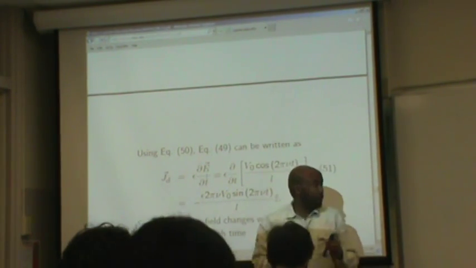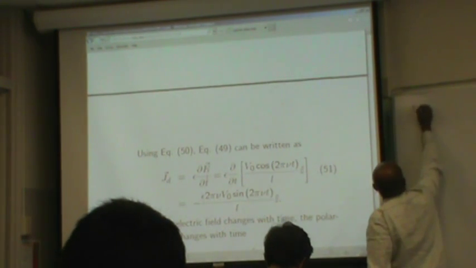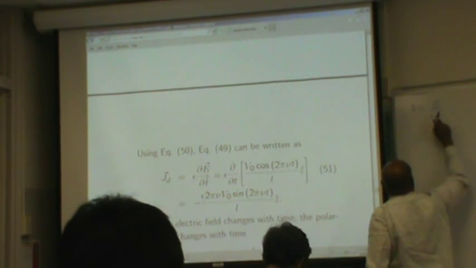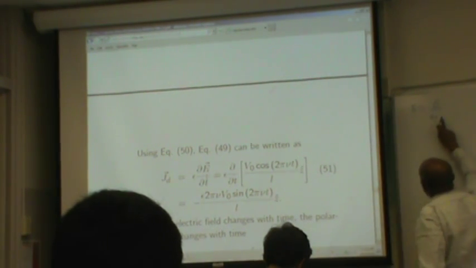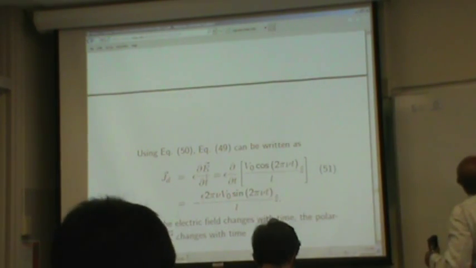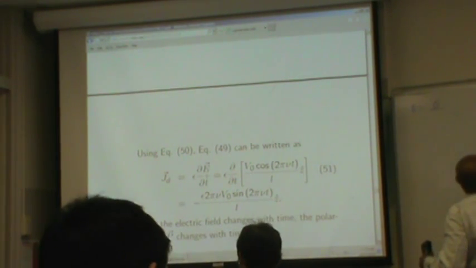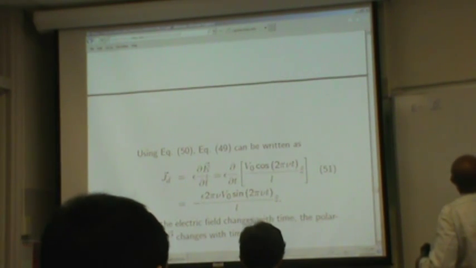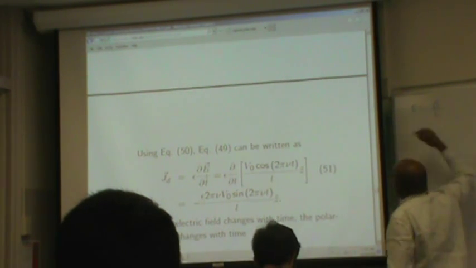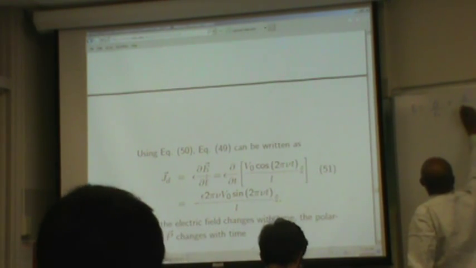So if you use the electric field of a parallel plate capacitor, which is sigma over epsilon naught, in free space. So if you have two parallel plates of infinitely large area, separated by distance L, the electric field is sigma over epsilon naught, and the surface charge density is whatever charge you have, Q over area.